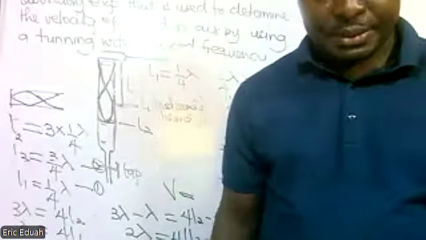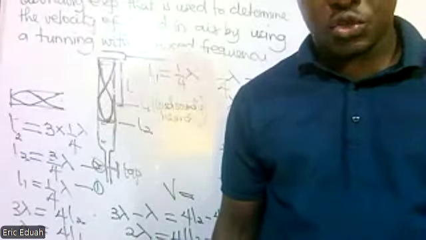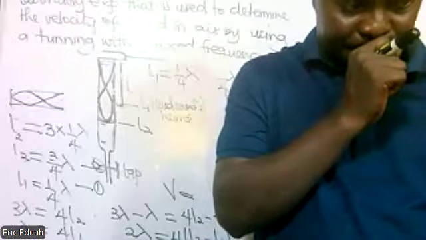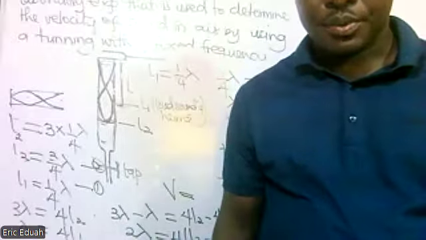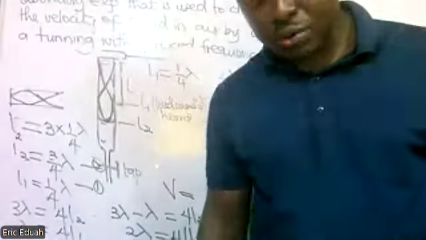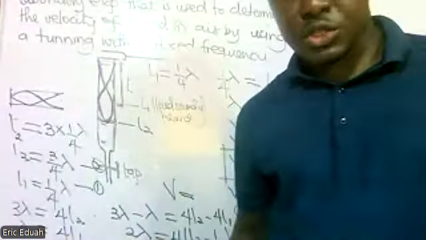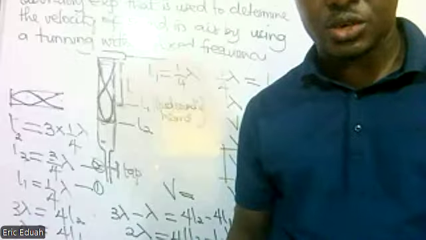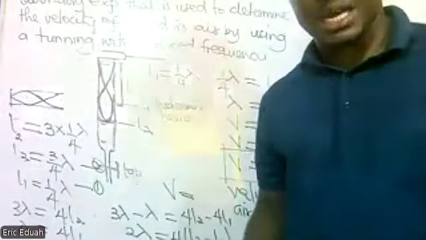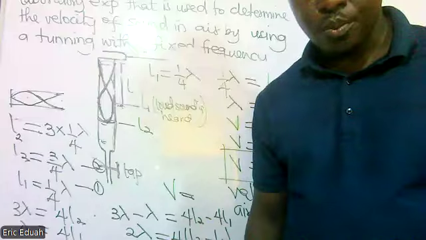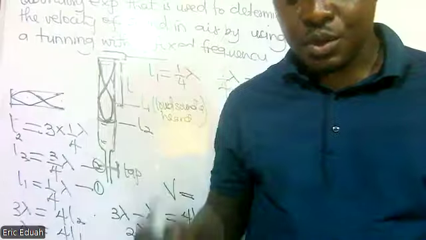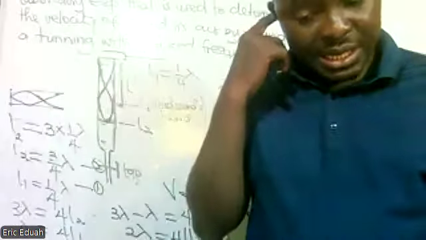Please, can I go ahead? I'm reading. In a resonance tube experiment to determine the speed of sound in air, a tuning fork of frequency 240 hertz is sounded above the end of the tube.